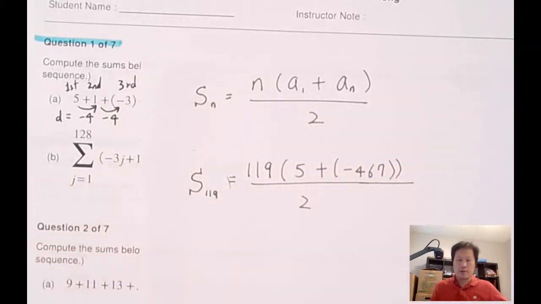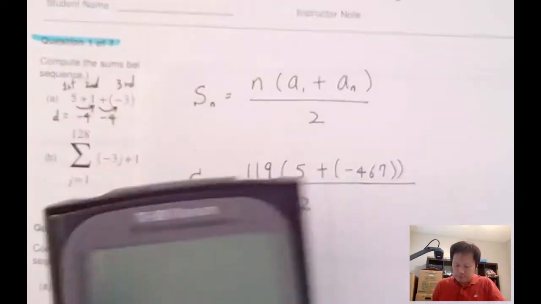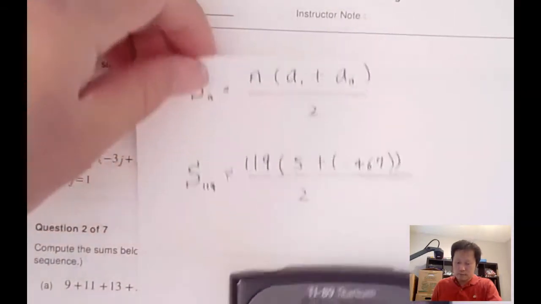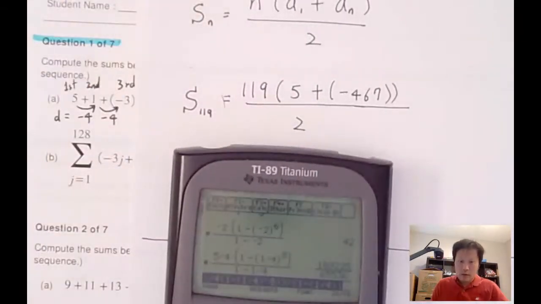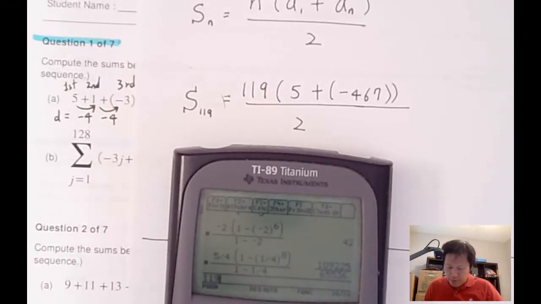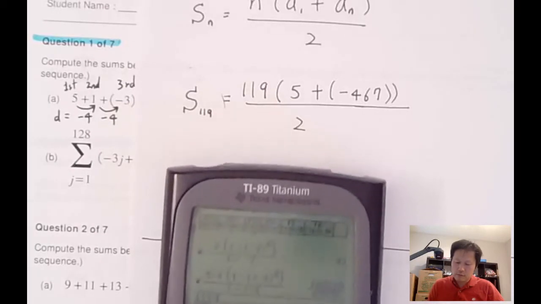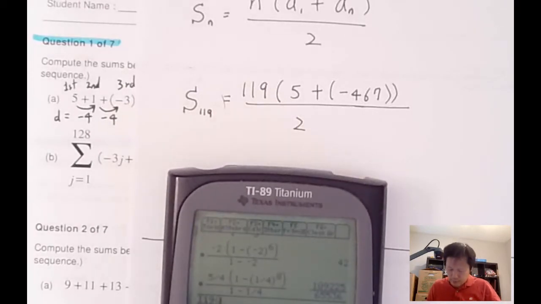Well, I'm gonna use a calculator for that one. So what is it? 119 parenthesis, 5 plus minus 467, close parenthesis, divided by 2.